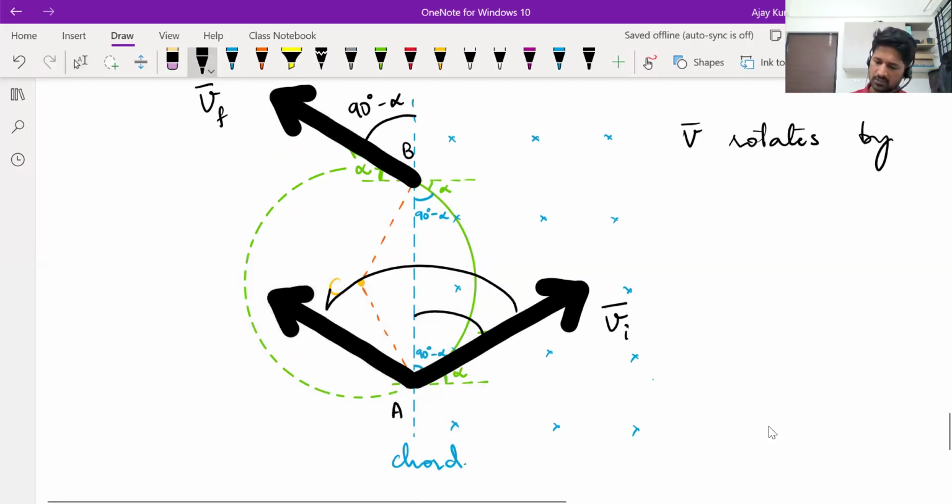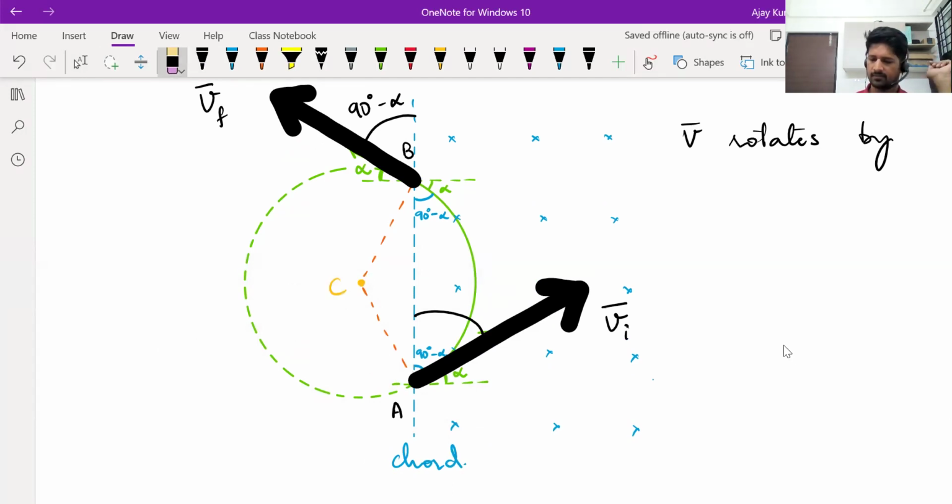How much is this rotation? Well, that's very simple. Just look at the diagram and tell me. The answer will be in terms of alpha. How much is this angle?